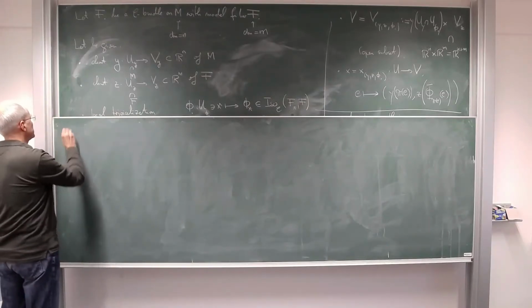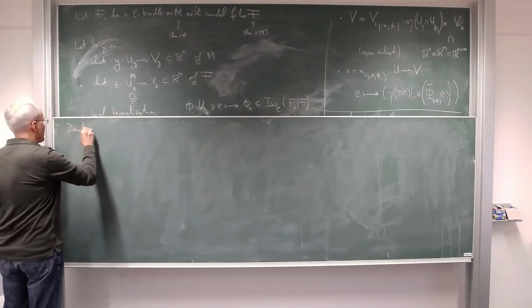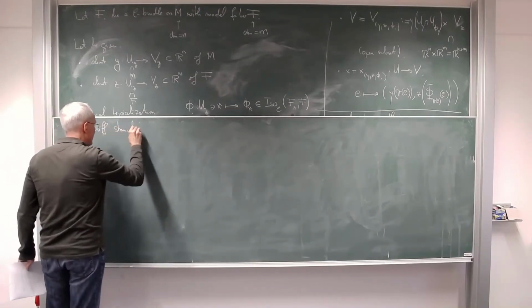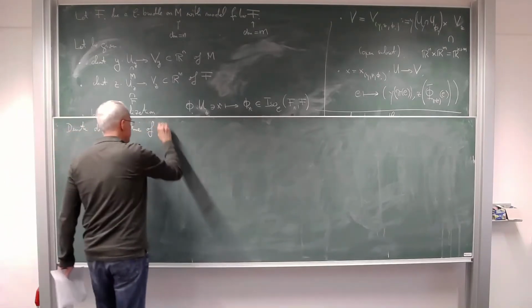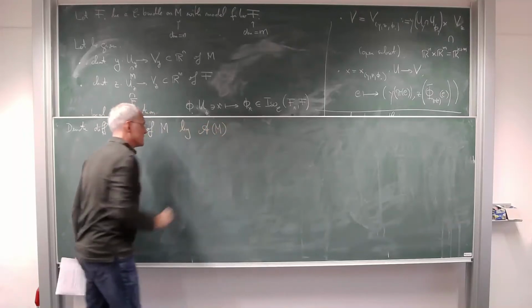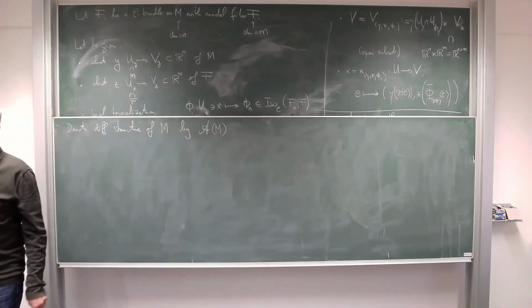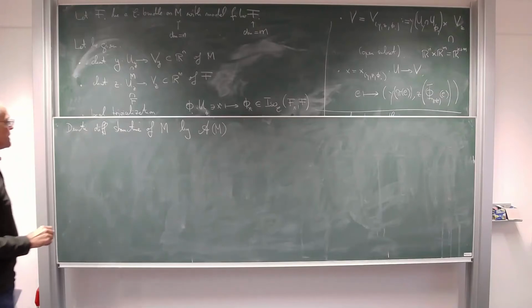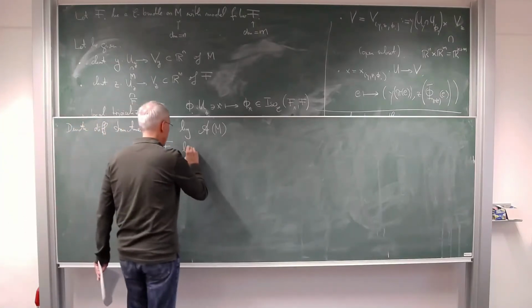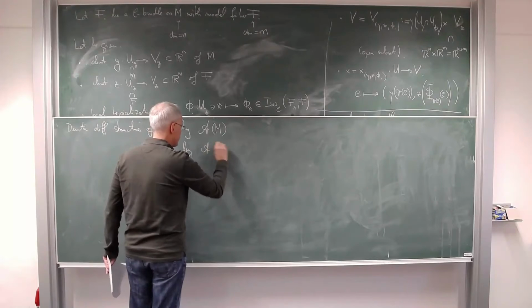So let me denote the differentiable structure of M by AM. So it's a maximal C infinity atlas on M, right? And the one on the model fiber by AF.